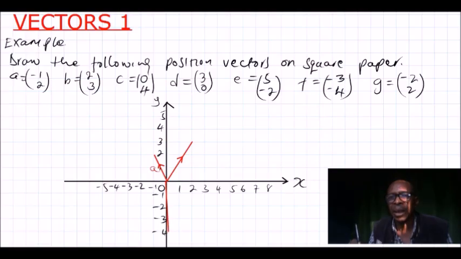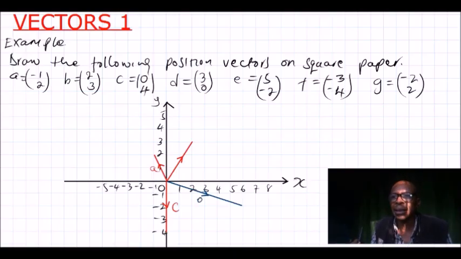So that is vector C. Then 5, minus 2: from here 1, 2, 3, 4, 5, and the minus 2, 1, 2. So that is our position vector E.